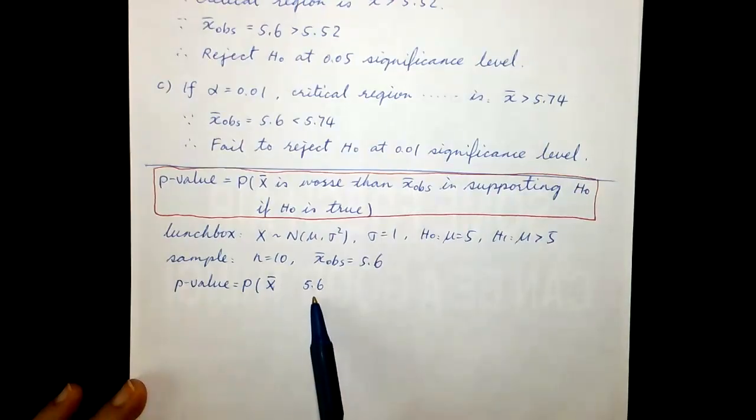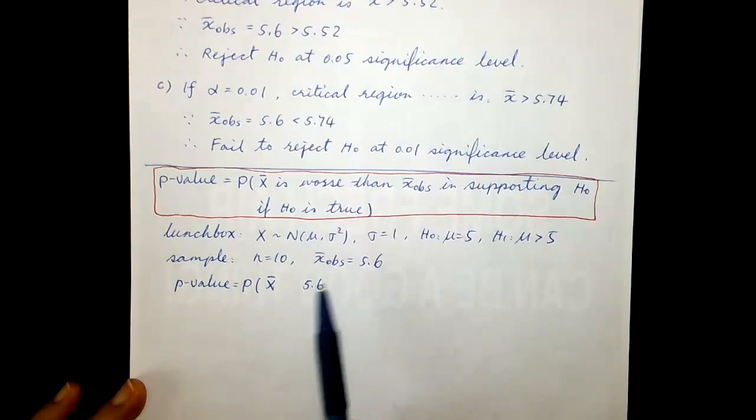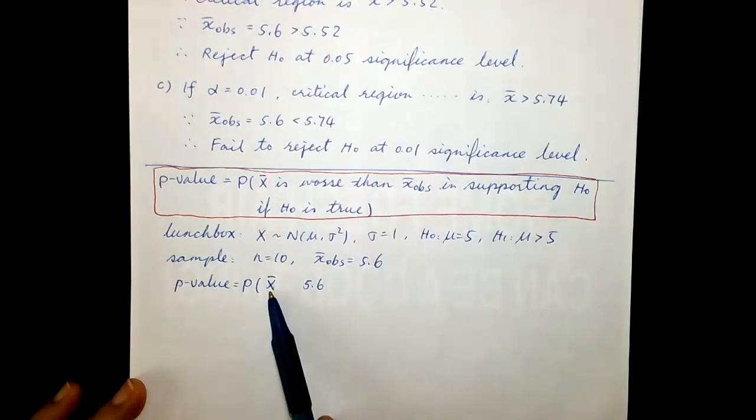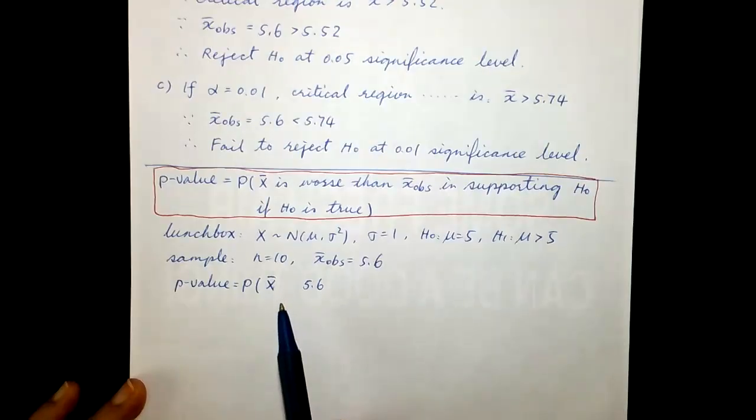So choose your side. Now let's think. The sample mean currently is 5.6. If X bar is more, previously I argued with if your 10 lunch boxes have the average fat content as let's take an extreme 20 grams.